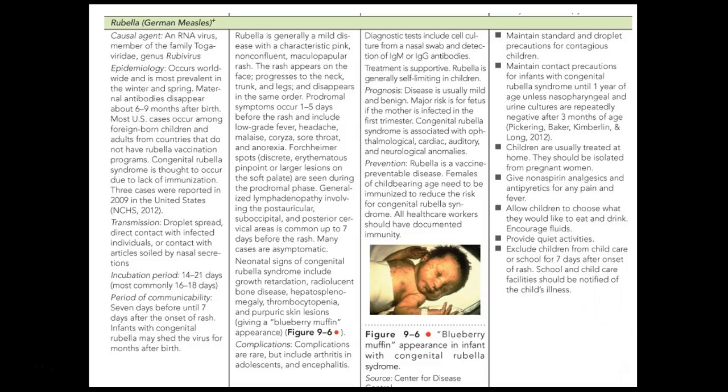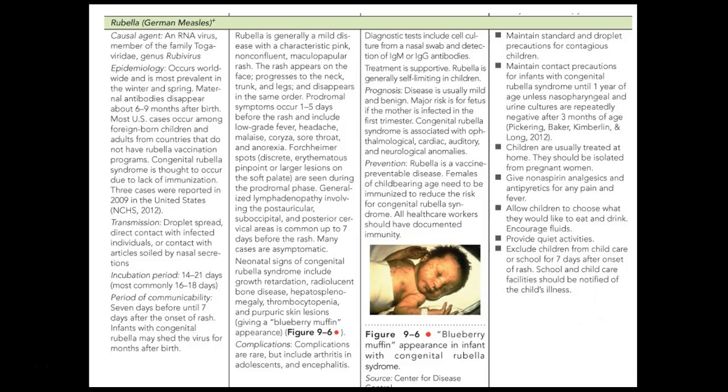Okay, rubella or German measles. This is also a virus that can be contracted by newborns, and the maternal antibodies will disappear in infants around 6 to 9 months after birth.